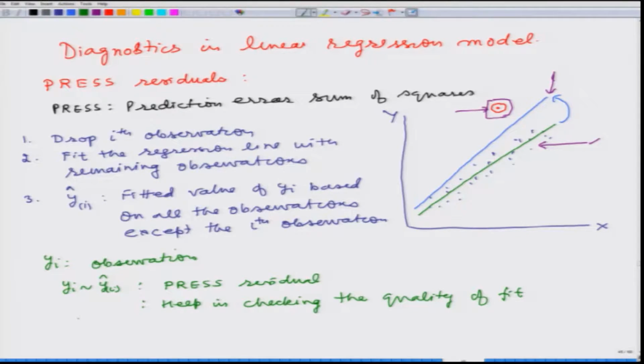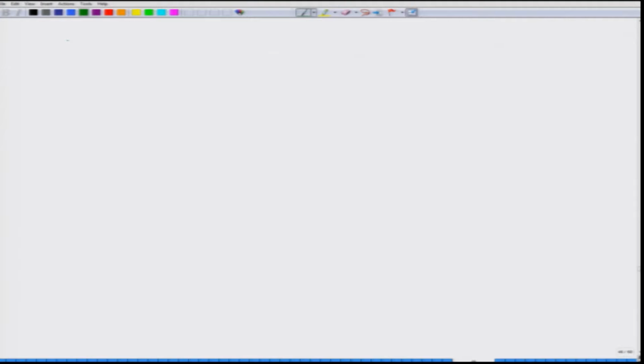Now we denote this PRESS residual as, say, e with i written inside the bracket, which is yi minus y hat of i. Now based on that, we define the PRESS statistic, and this is usually denoted by PRESS, which is the sum of squares of these PRESS residuals. Now if you try to observe this quantity, what are we doing?